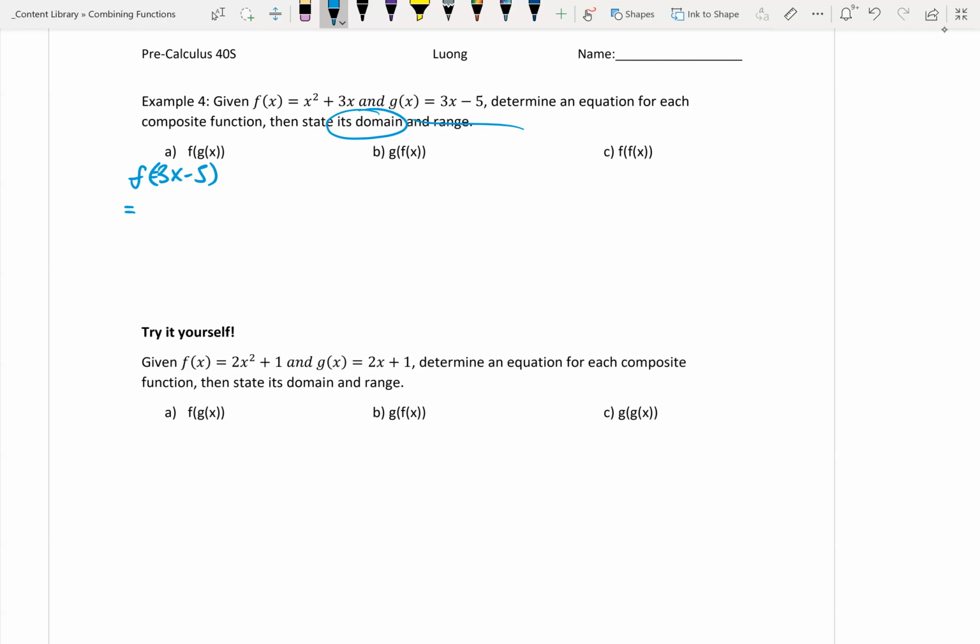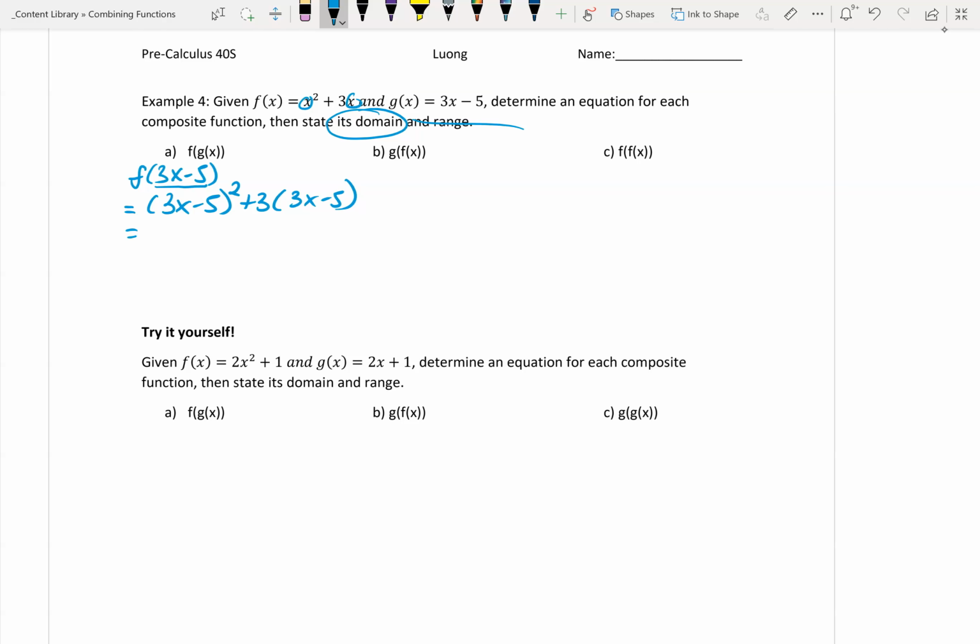And then our f of x is x squared plus 3x. But instead of writing just x, I'm going to write the 3x minus 5 in for that x. Okay, so I'm plugging this 3x minus 5 into each x here.